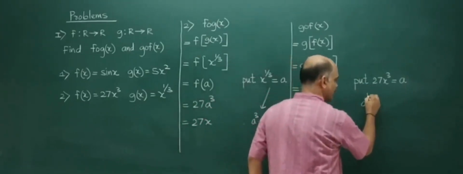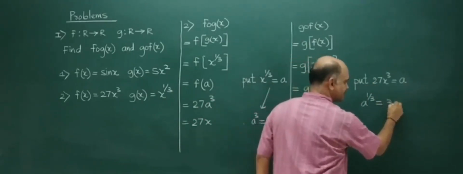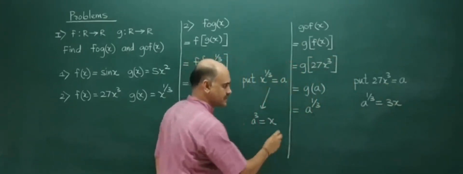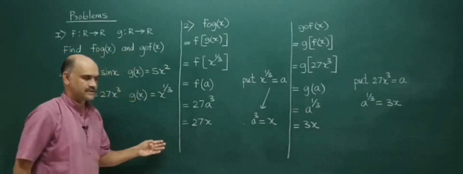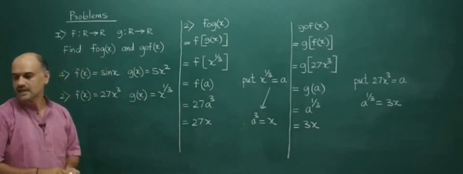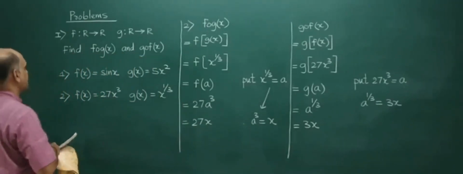So cube root of 27 is 3, cube root of x cube will be x. So a raised to 1 by 3 will be equal to 3x. So again you can pause and note down the steps. Then I will go for second type problems.